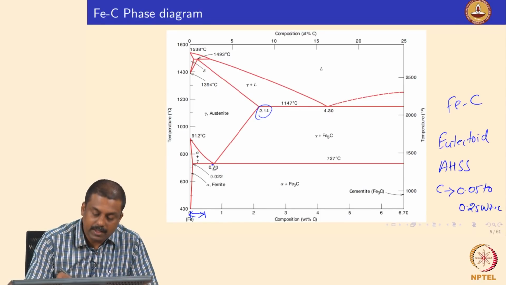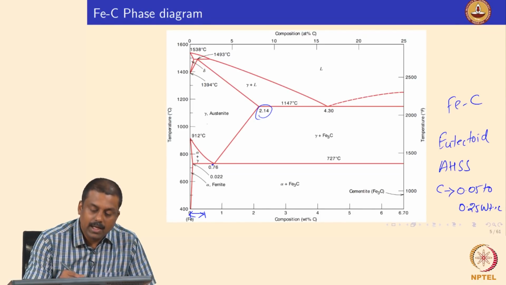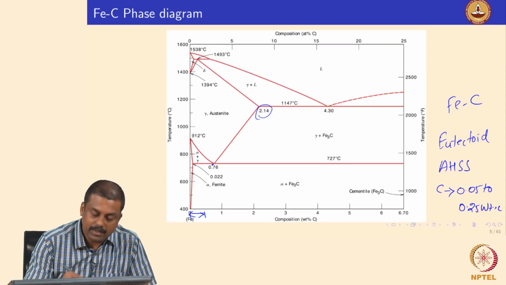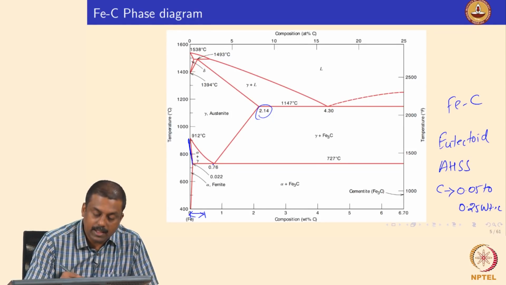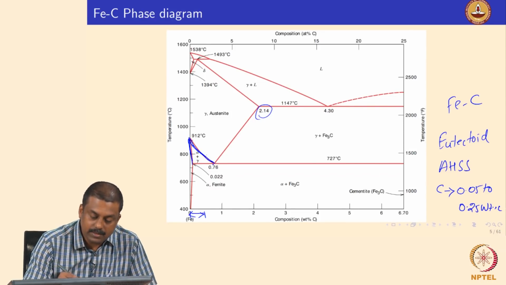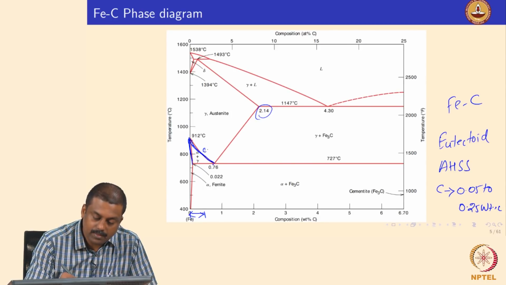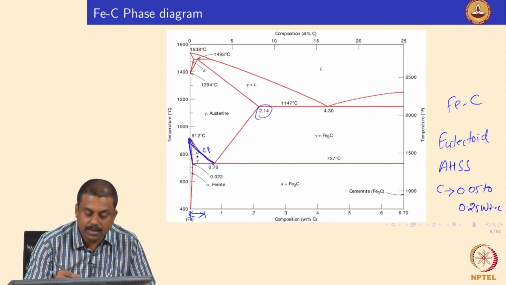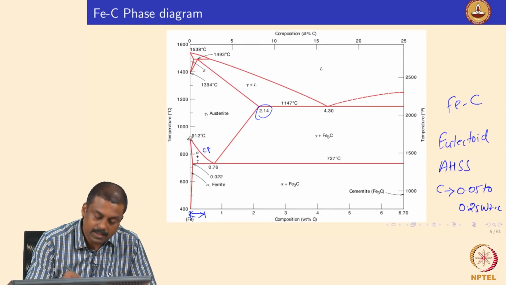What you see in this region are the lines corresponding to the carbon concentration in various phases. This line indicates the carbon concentration in ferrite, which is in equilibrium with austenite, and this line indicates the carbon concentration of austenite, which is in equilibrium with ferrite. You should understand that clearly.